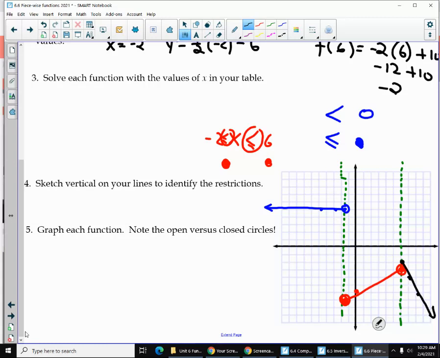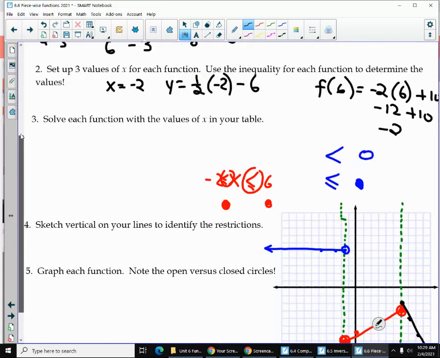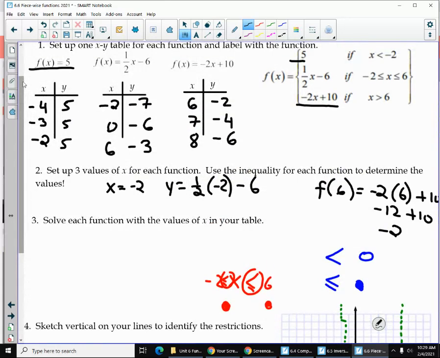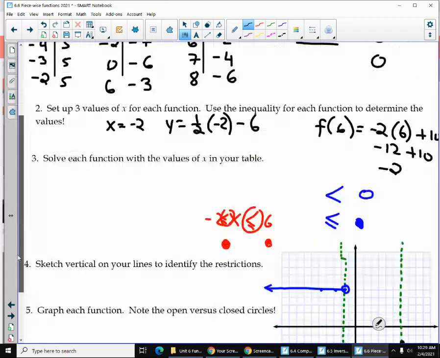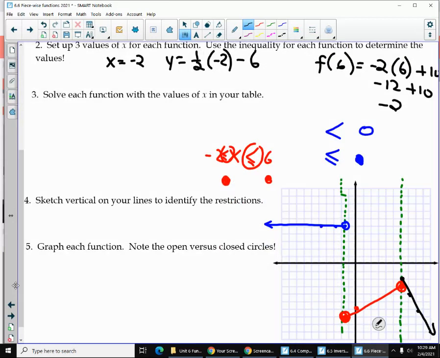And it's going forever because it asks you when x is greater than 6. Now the final question is, are we going to have an open circle or solid circle? Look at the restriction. This means open circle. So your final answer here should be an open circle.